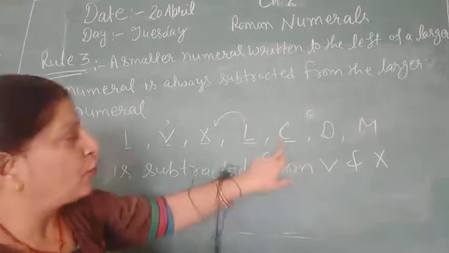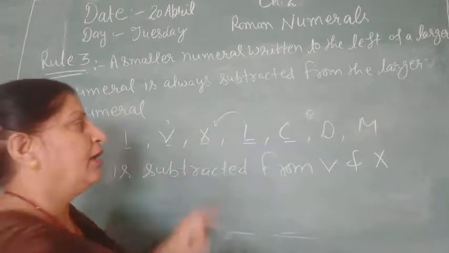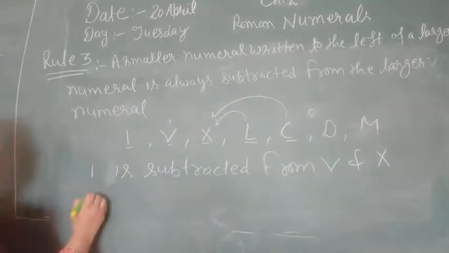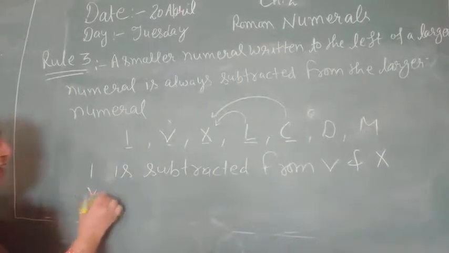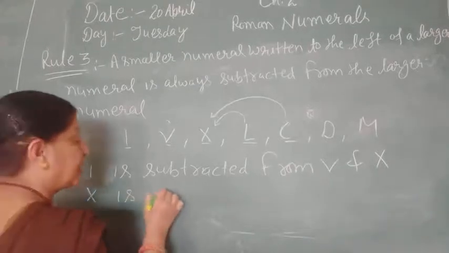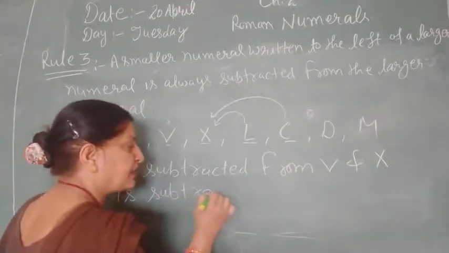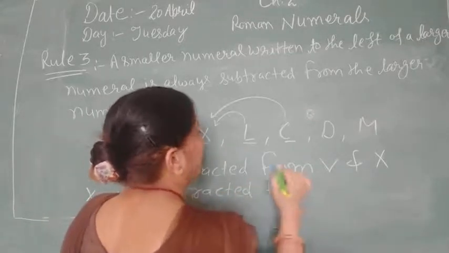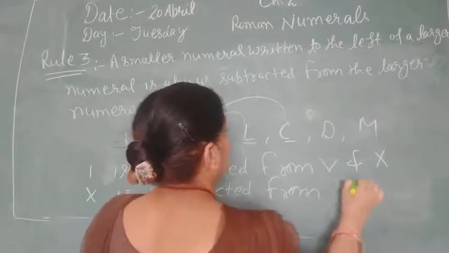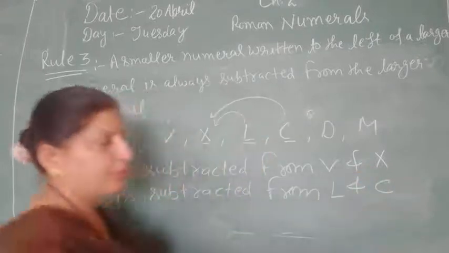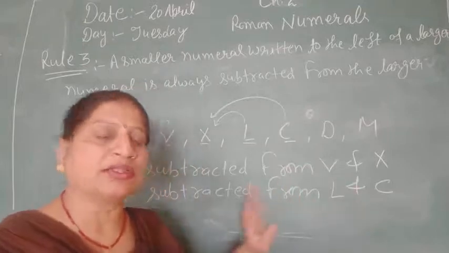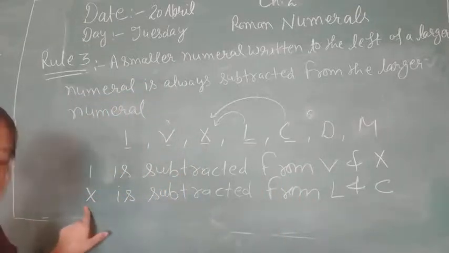That's why from C we again subtract X. Clear? So X is subtracted from L and C. L और C में से we subtract the number that is X.